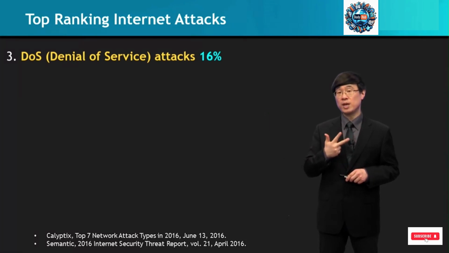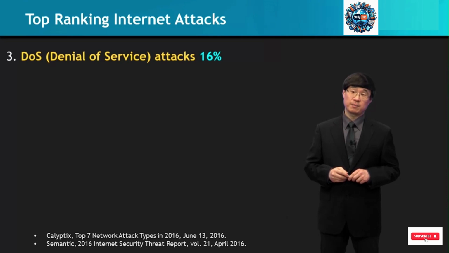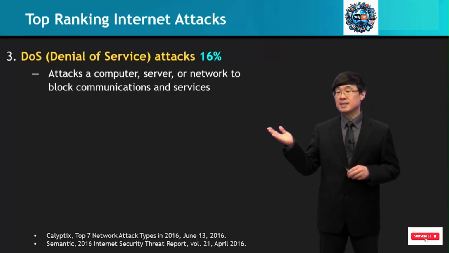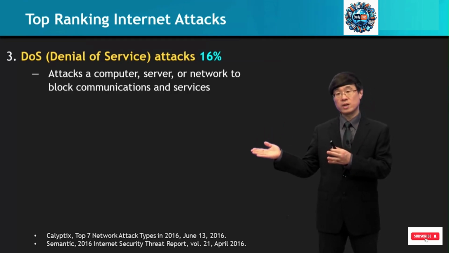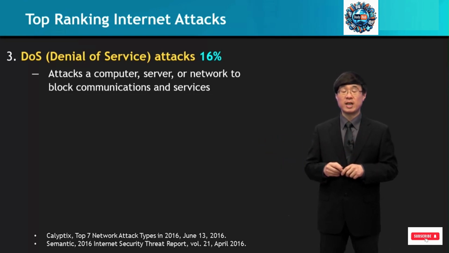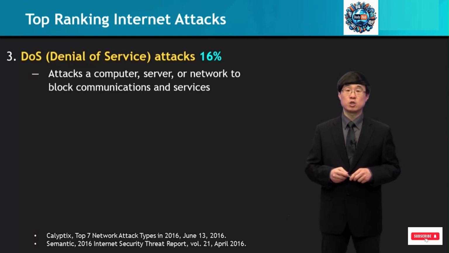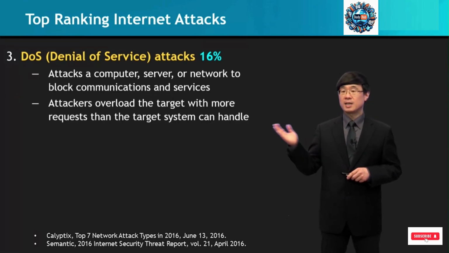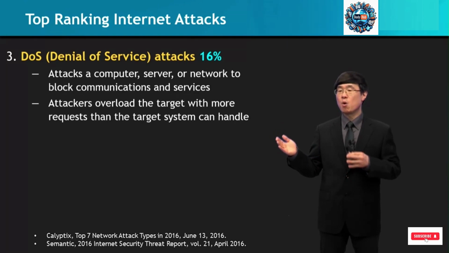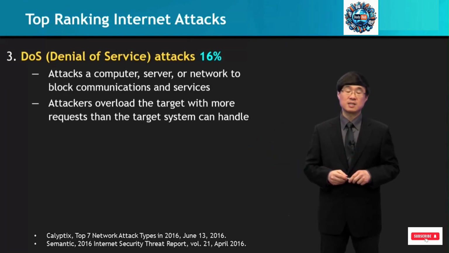Then we have denial of service attacks, DOS attacks. This ranks as number 3 at 16%. It attacks a computer, a server, or network to block communication and services, to deny the services that it normally should be providing. Attackers overload the target with more requests than the target system can handle.